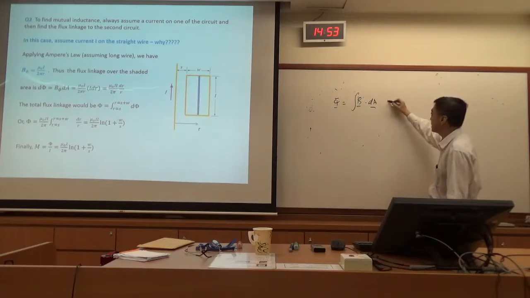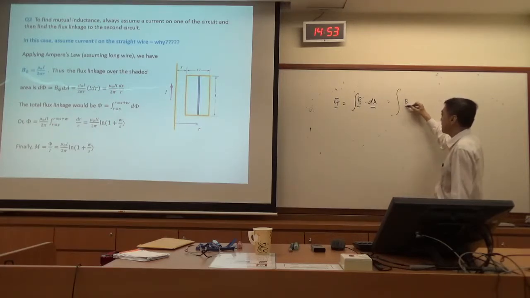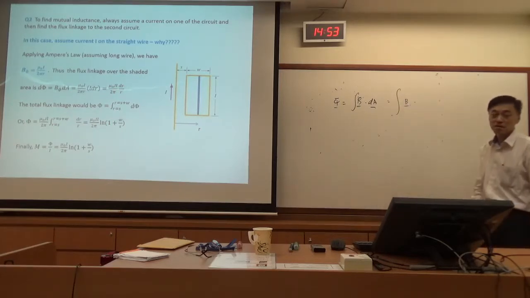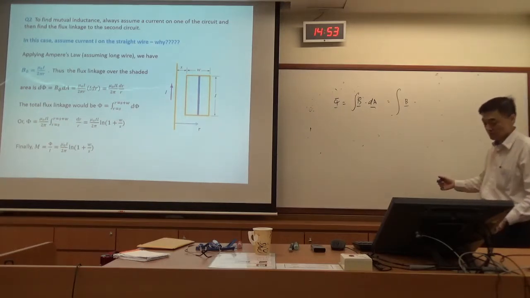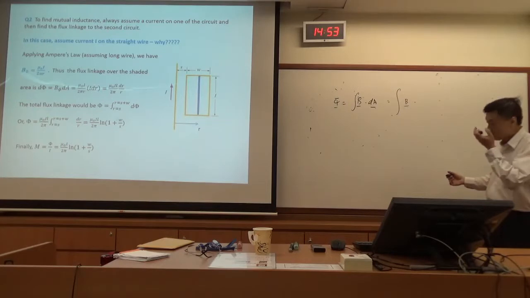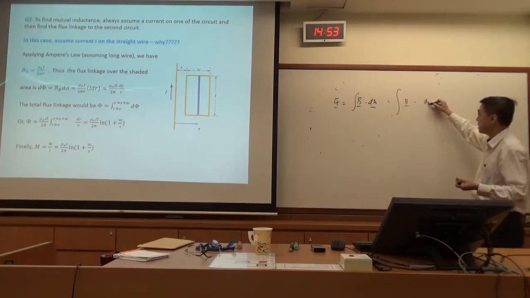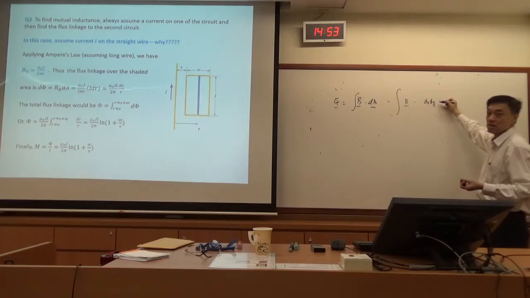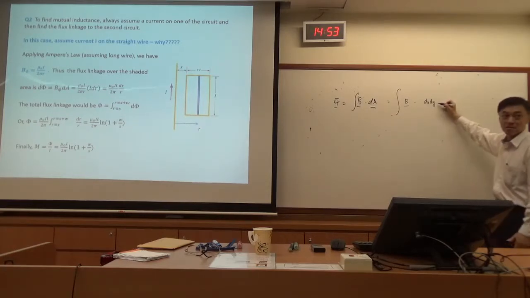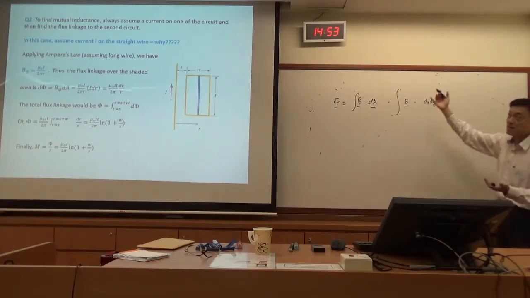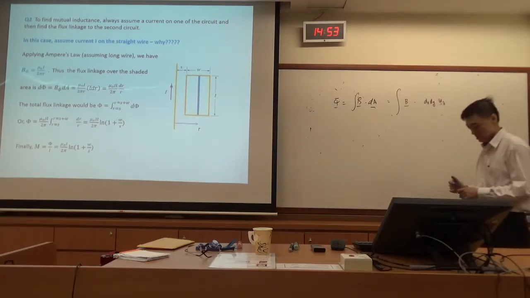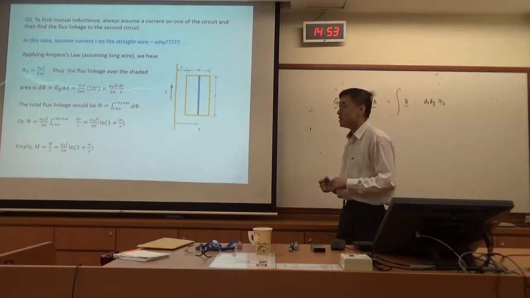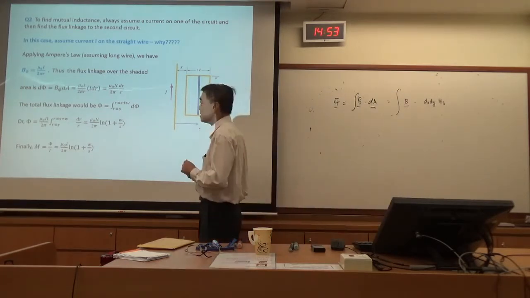Of course, if you want to write it in terms of elementary area, it is just dx dy uz, because it's in our xy plane. If you want to write it in the proper manner, dx dy uz.